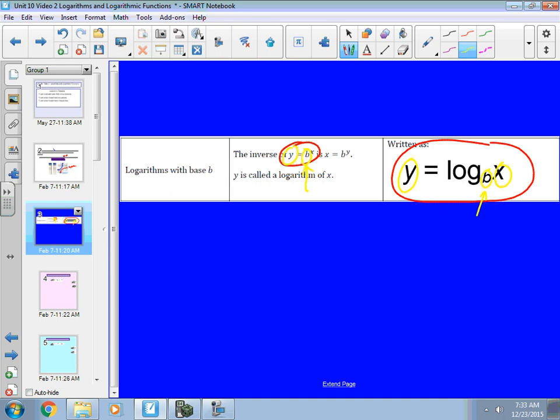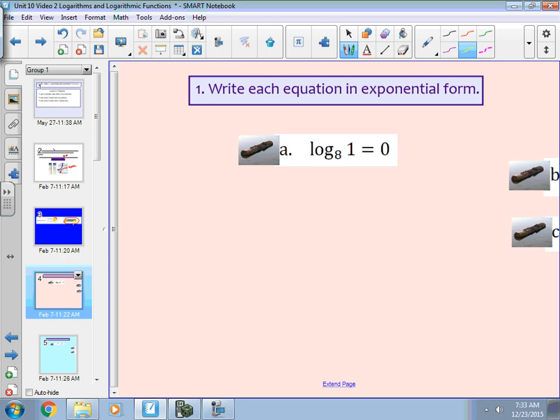All right, let's try some of these out here. So in number 1, we want to figure out what this is equal to. Okay, and they're saying it's equal to 0. So we want to show that this is in fact true, that this logarithm makes sense. So we're going to change from log form to exponential form. In logarithmic form, which is listed here, we have this base number of 8.